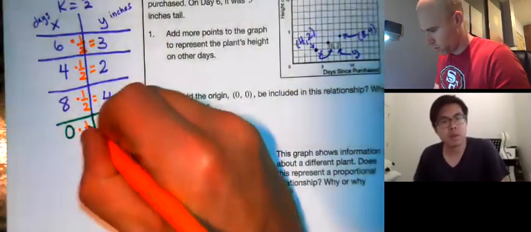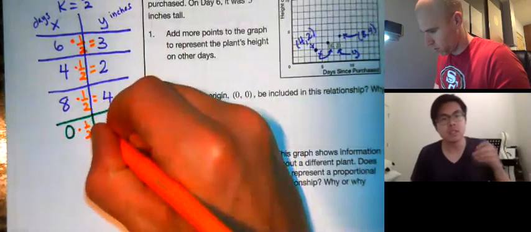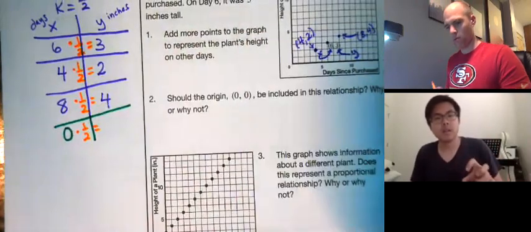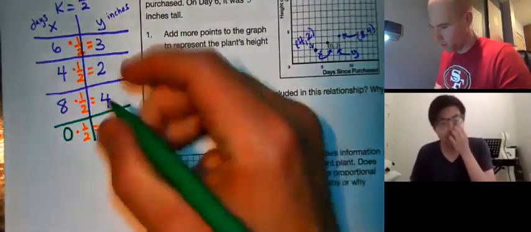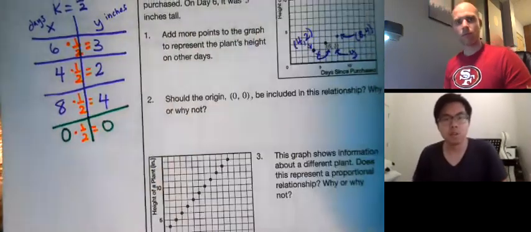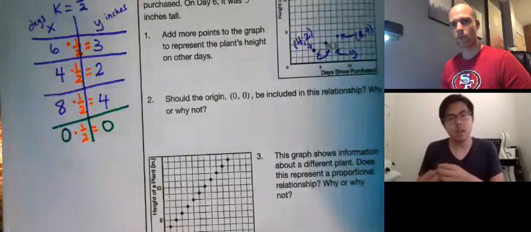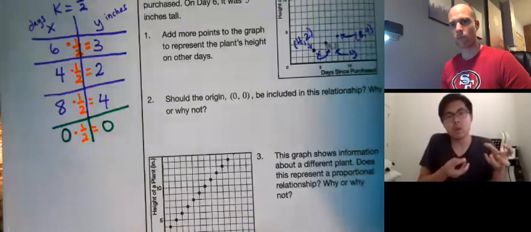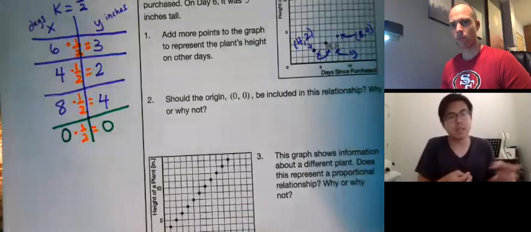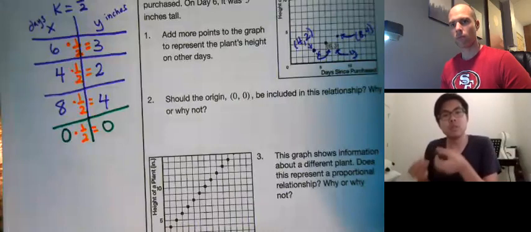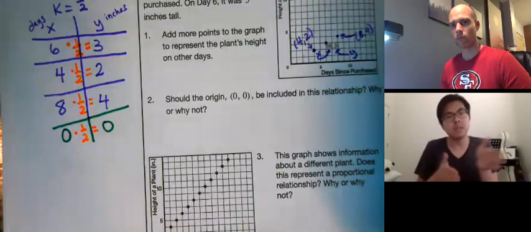If you multiply by 1/2, we know that 0 times any number is going to be 0. That is the property of 0. When you multiply 0 by any number, you're going to get 0. So by definition, if we have 0 in the first quantity, whatever we multiply it by is going to be 0. So we do need a 0, 0, or the origin, to be in our graph.